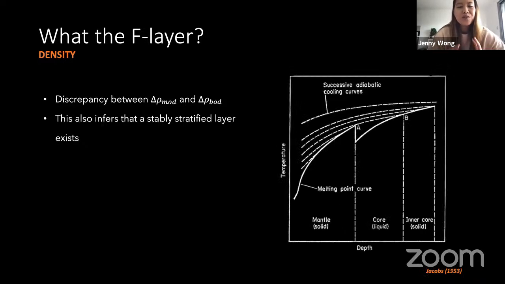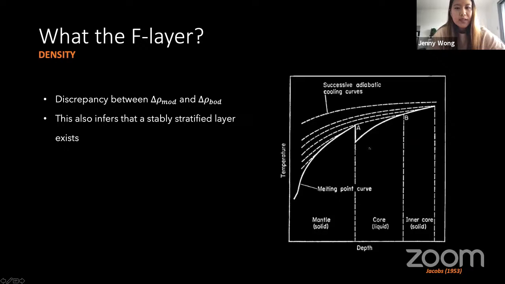So why are we so concerned with the existence of this layer? One of the reasons is that the presence of this F layer could be linked to the geodynamo process that generates the Earth's magnetic field. The convective motion of the liquid iron core is powered by the heat that's extracted from the core mantle boundary here.